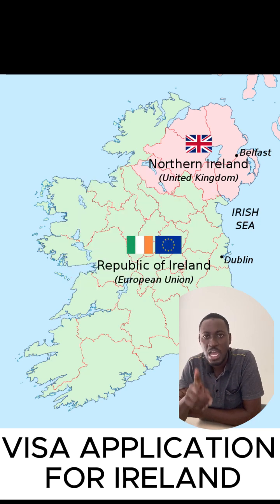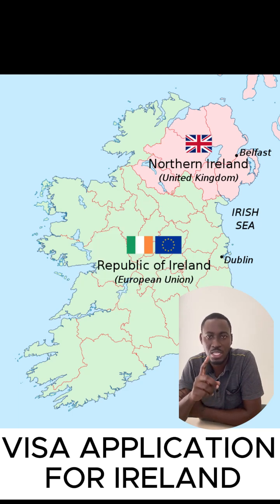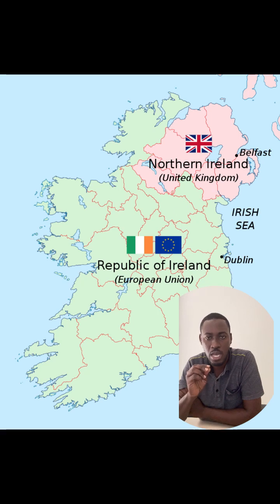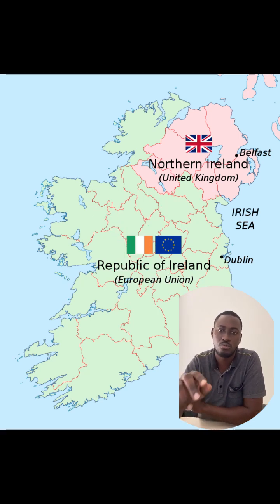Please note this: a UK visa does not allow you to visit the Republic of Ireland, and equally a Schengen visa does not allow you to visit Ireland. An EU visa also does not allow you to.